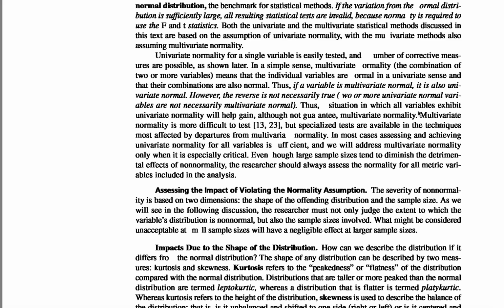Multivariate normality is more difficult to test, but specialized tests are available for the techniques most affected by departures from multivariate normality. In most cases, assessing and achieving univariate normality for all the variables is sufficient, and we address multivariate normality only when it is especially critical.